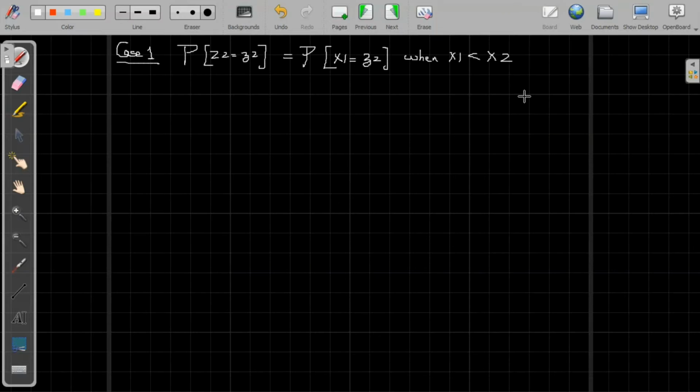From the definition of marginal PMF and joint PMF, we know that the probability that x1 is equal to some sample value x1 will be equal to the summation over all sample values of x2 of the joint probability that x1 is equal to x1 and x2 is equal to sample value small x2.